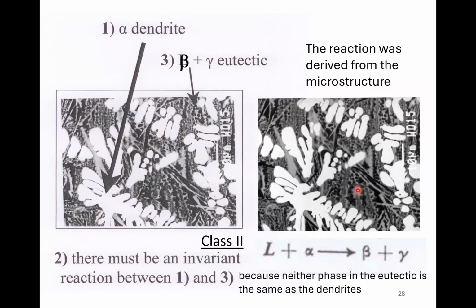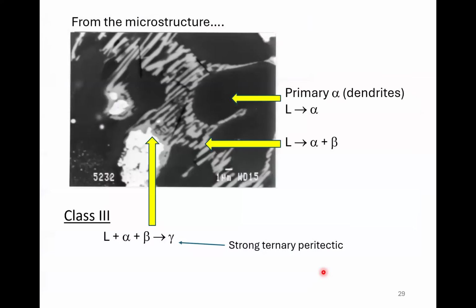So therefore, there's been an invariant reaction that liquid reacted with this. You can see a bit of a fuzzy outline there to form that eutectic growing off. So that's a weak ternary peritectic, or class 2.